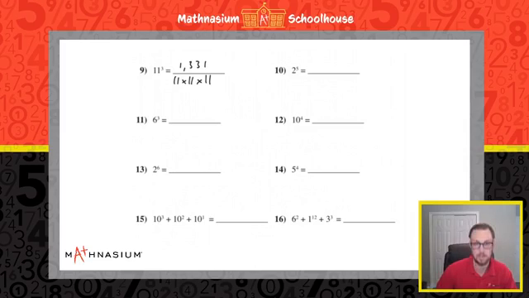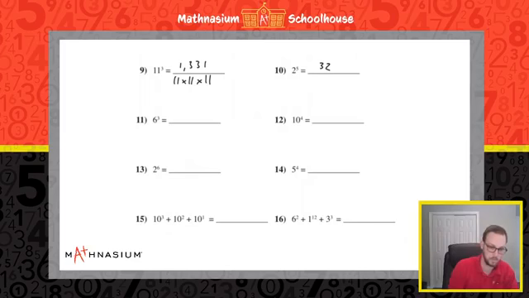Number 10 is 2 to the 5th power. 2 times itself 5 times. It's 32. Nice job. Number 6. 6 times 6 is 36.